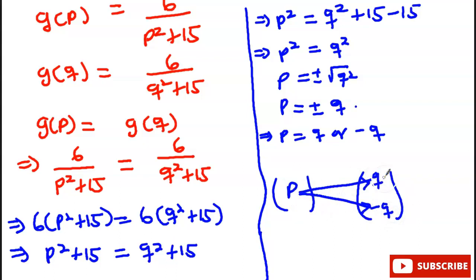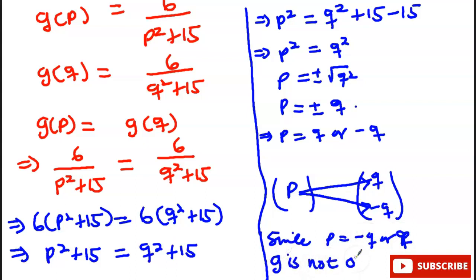So P is having two images. We conclude that g is not a one-to-one function. So since P is equal to minus Q or Q, g is not a one-to-one function.